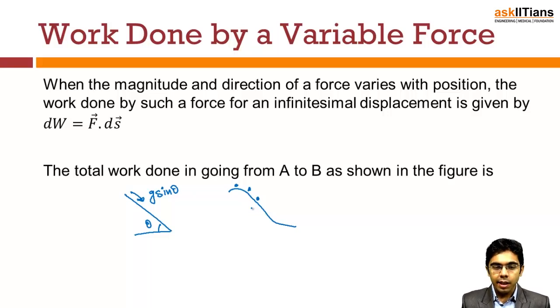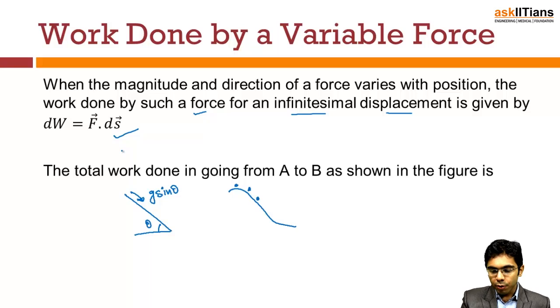So the work done by such a force for an infinitesimal displacement is given by dW equals F vector dot ds. That means for an infinitesimal displacement, we consider that the force is not changing so distinctly; there is no big variation of force for a very small displacement.